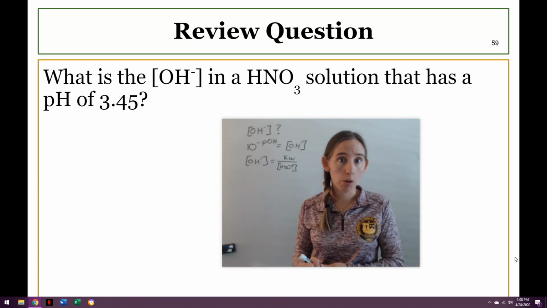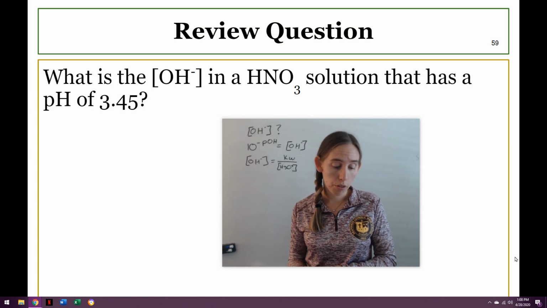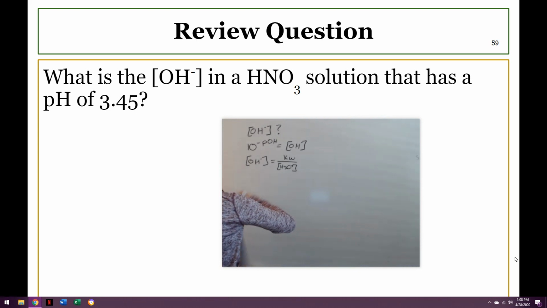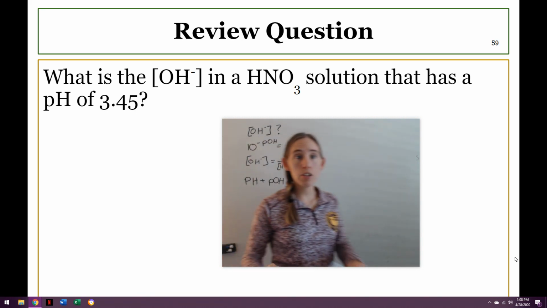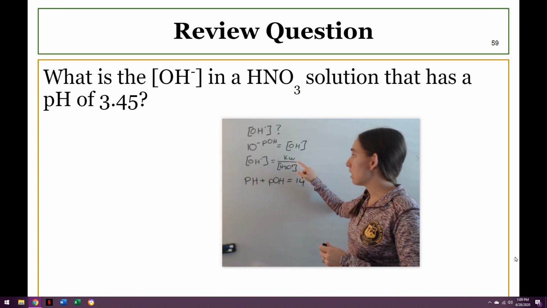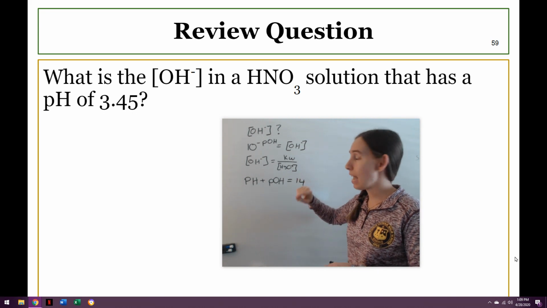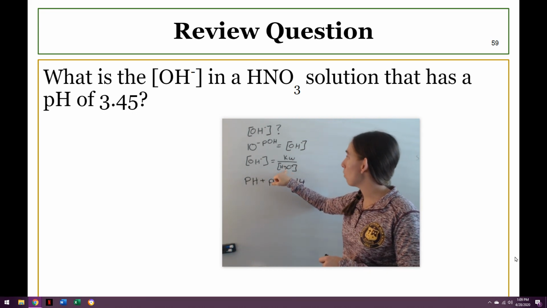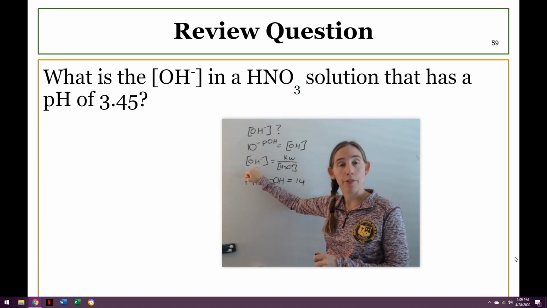We are given, though, pH. pH is 3.45. We also have an equation, pH plus pOH equals 14. So we can use our pH of 3.45 to find H3O using 10 to the negative pH is equal to H3O. Then you would plug in H3O into here and find your hydroxide. And that would be one way to solve it.